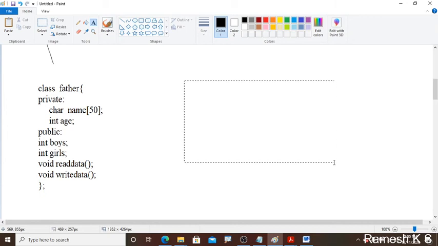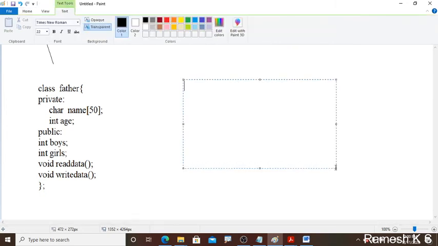First is the keyword class. Then the derived class name, for example Son. Then the visibility mode, which I am taking as public, and then the base class name, Father. Now this is the syntax.